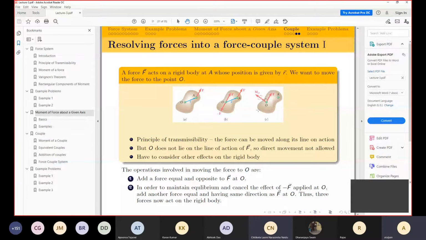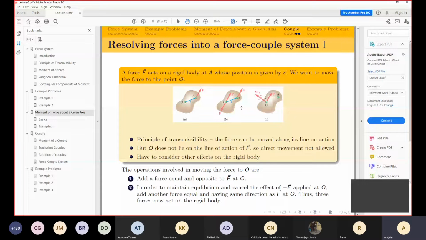Clear, sir, but how did you decide the direction of M0? M is a couple. So F and F prime are at a distance R, so it's a couple. It will be perpendicular to the force.